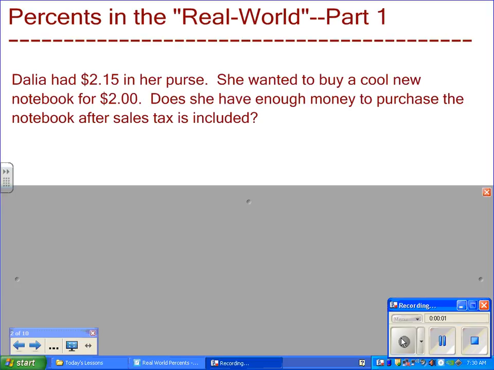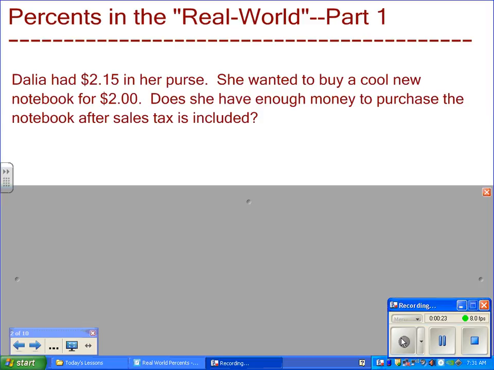Okay, so part one of the percents in the quote-unquote real world, actually using what we've been talking about in class, definitely has a lot to do with sales tax. Now, sales tax is added to the total cost of a sale, typically in goods and services.